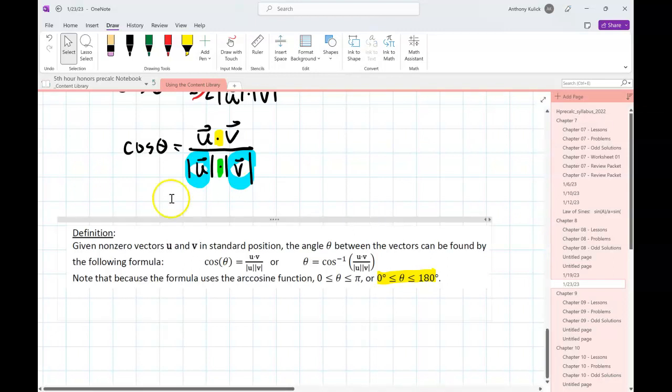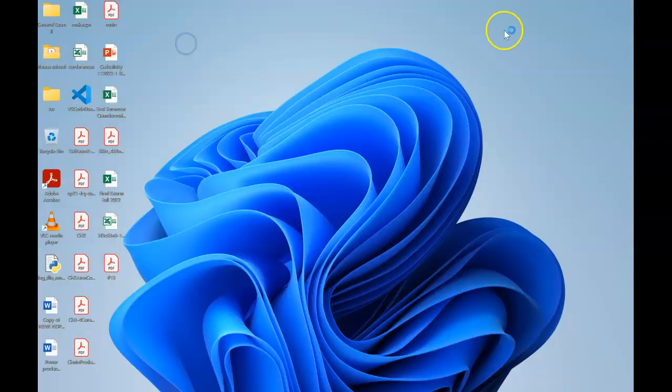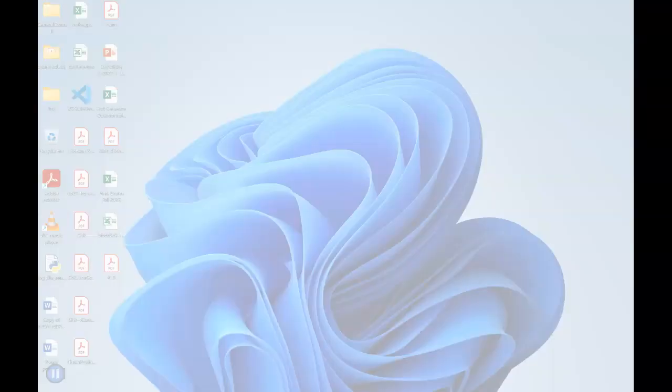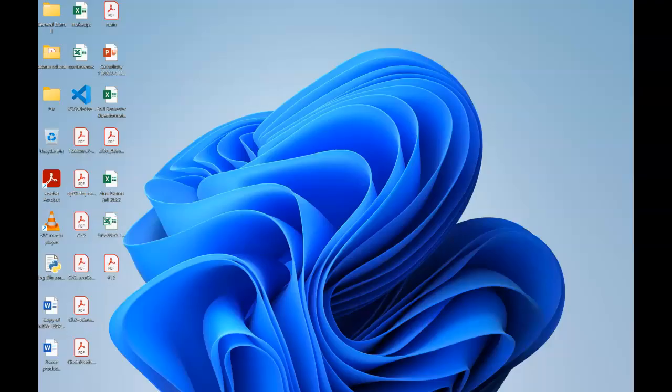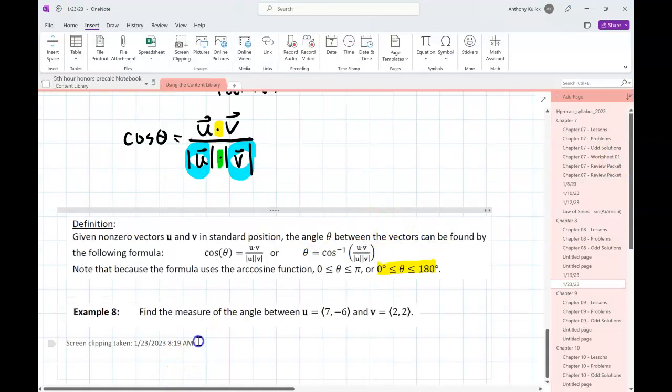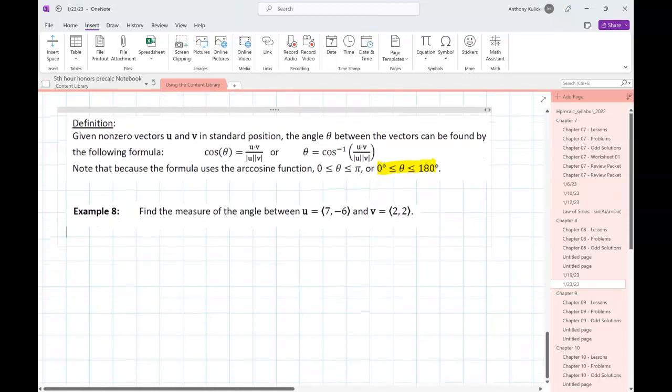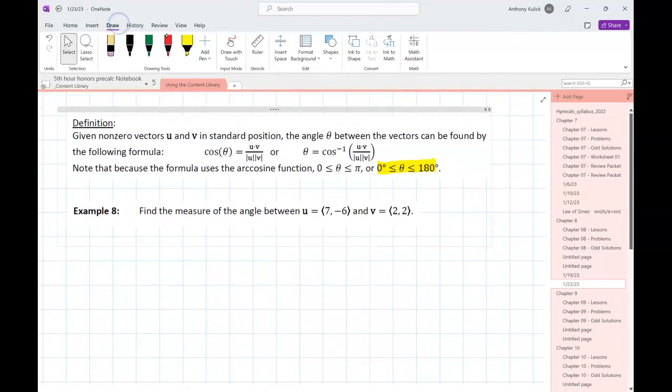Let's do an example where we'll do that numerically, just to show to ourselves that this is not as bad as that derivation was. The calculation itself is not so bad. So let's say we want to find the angle between the vector 7, negative 6 and the vector 2, 2.